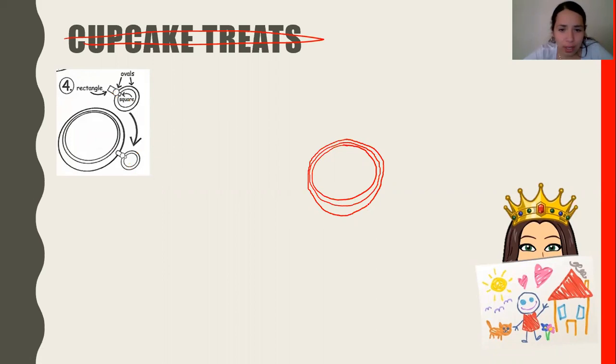So we're gonna do a rectangle, but make sure that the rectangle is kind of overlapping the circle, a little rectangle. We're gonna make an oval. And a little square.